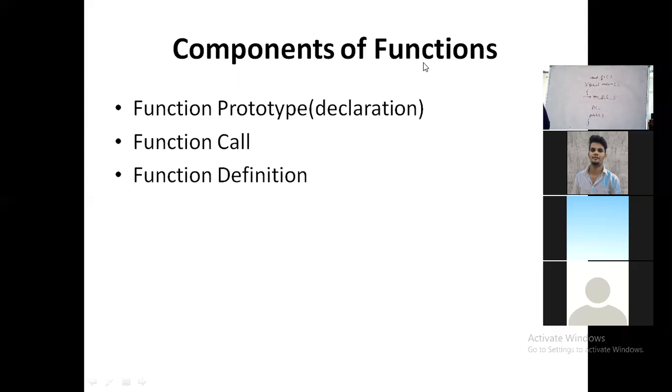Okay. Now next is the function call. Within the main we will write the function name. And the last step is the function definition. What are the steps of the function? One is declaration, second is the function call, third is the definition. Now, listen carefully.